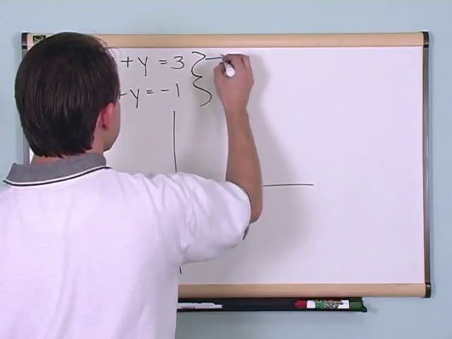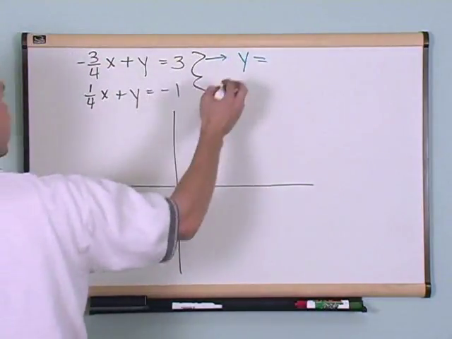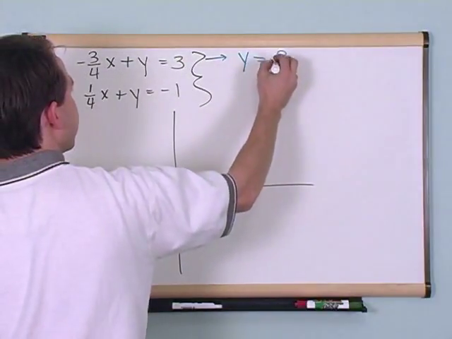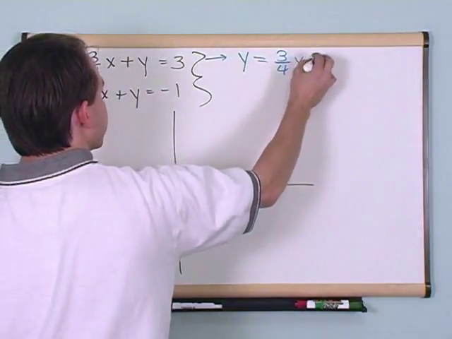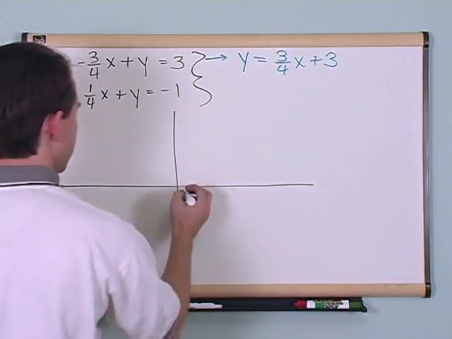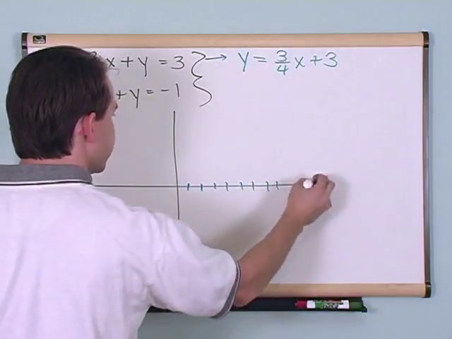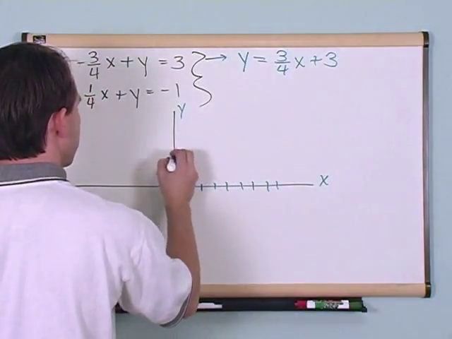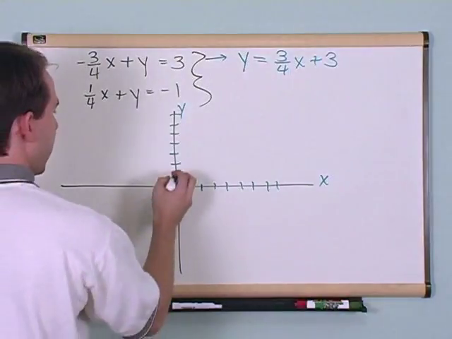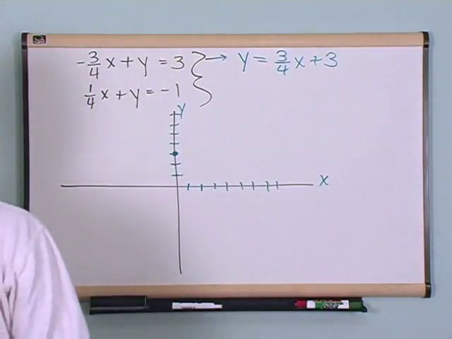So for this one, I'll have y equals, move this term over to the right, so I'm going to add it to both sides. I'll have 3/4 x plus 3. Okay? And if I put my tick marks here for x, then my y-intercept is 1, 2, 3, because this is my y-intercept there.